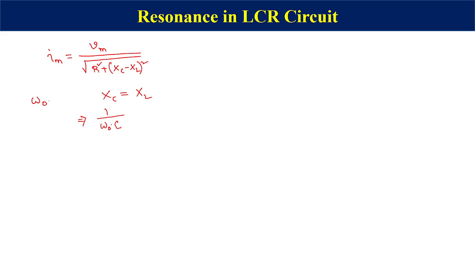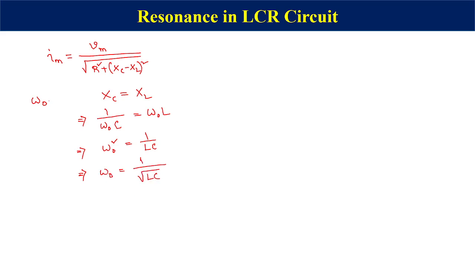So omega naught square is equal to 1 upon LC, or omega naught is equal to 1 upon square root of LC.